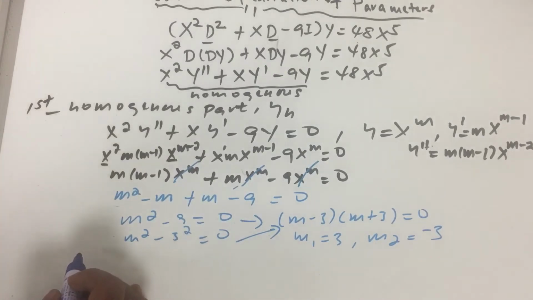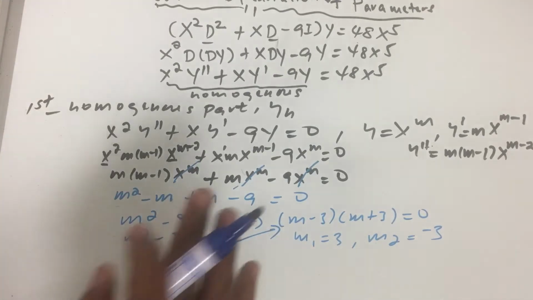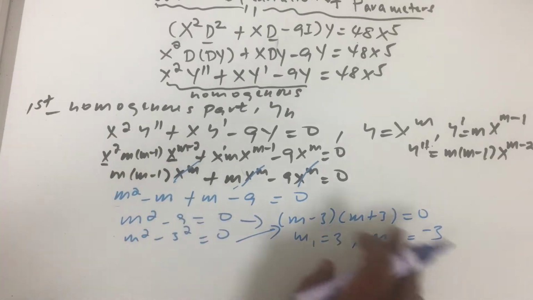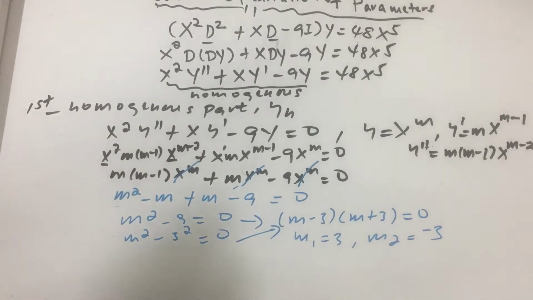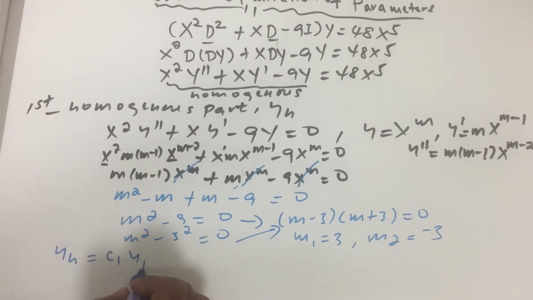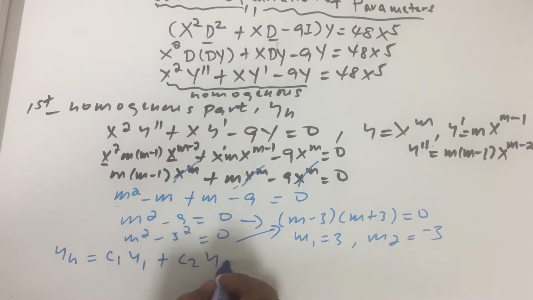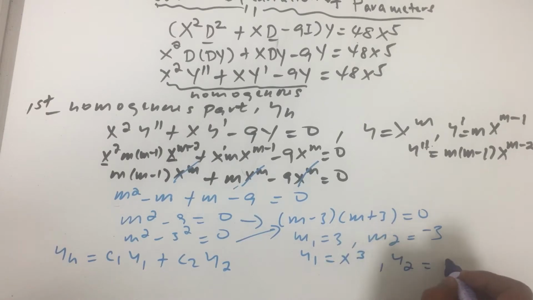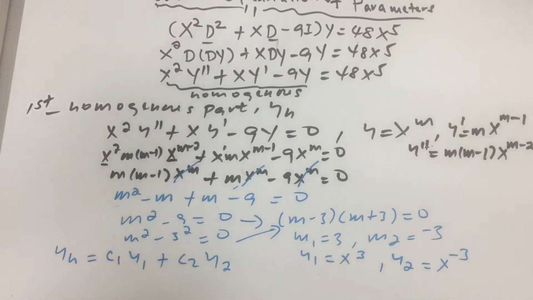From the three cases, we use the two real distinct roots case. Since our roots are real and distinct, the homogeneous solution will be c1 y1 plus c2 y2, in which y1 is x to the power of m1, which is 3, and y2 is x to the power of minus 3.